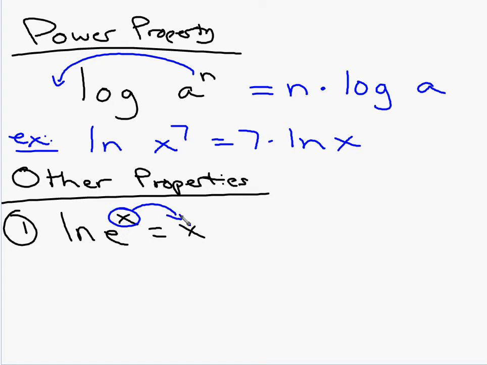And it works the same way with a log if the base is a, and then it's the log of a to a power, it's still going to be x. So in other words, if these two things are the same number, it can just simplify to the exponent. It's an automatic property.